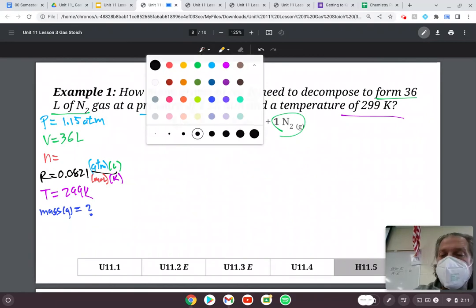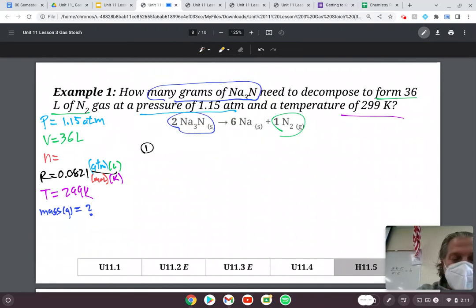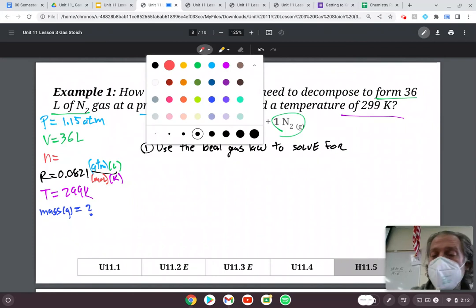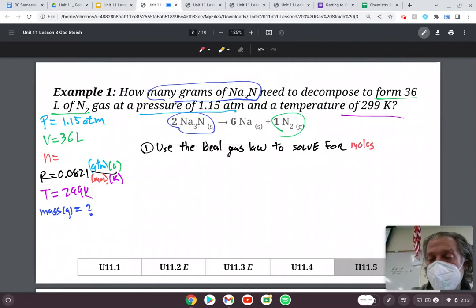So step 1 says use the ideal gas law to solve for, in this problem, moles of N2.